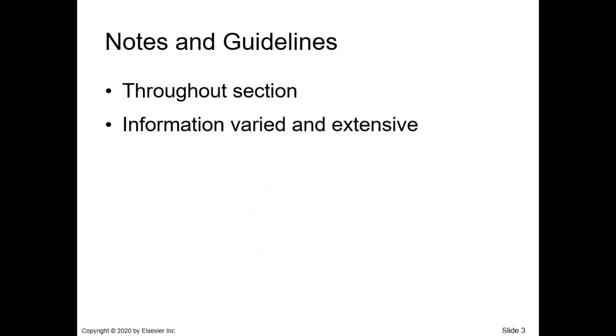So next we're going to be talking about notes and guidelines. Notes and guidelines are found throughout the sections. Information can be varied and is very extensive and is must reading, which means you need to read these notes and guidelines. You need to highlight, make notes of your own.